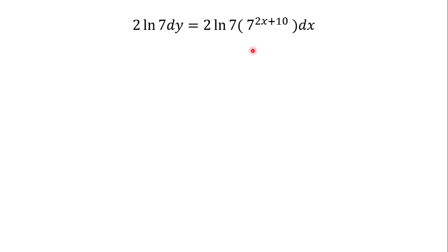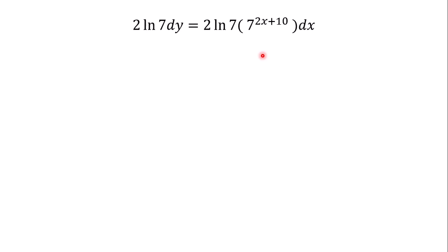So don't get confused when you want to open the bracket, or if you don't want to bring the bracket, just forget it. You can omit the bracket and write it as 2 ln 7 times 7 raised to the power 2x plus 10 dx. Anyhow you write it, it will be accepted, provided it is multiplying.